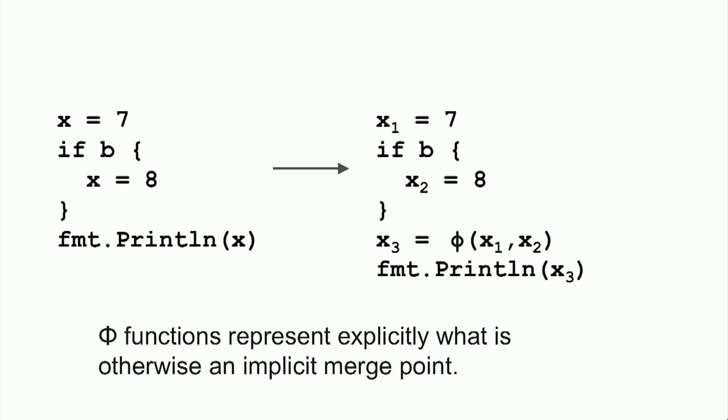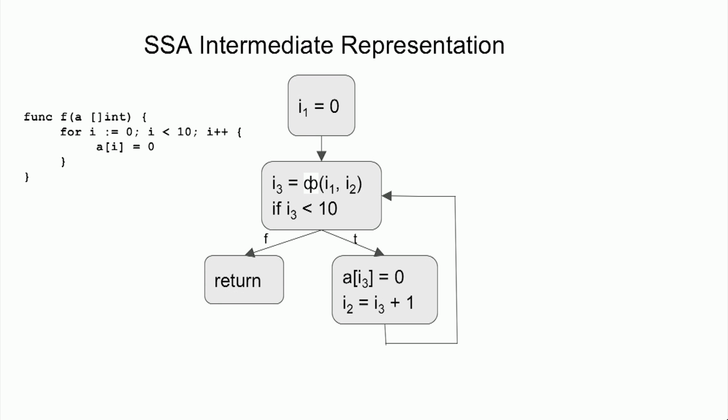So here we've introduced x3, which is the merge of x1 and x2, and beyond that point, we can use x3 for whatever the original value of x was. These phi functions represent explicitly what was implicit in the original program. And with that, that's basically all you need to do to make SSA code out of regular code.